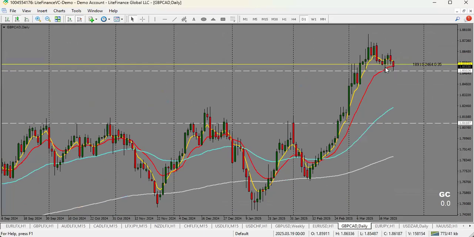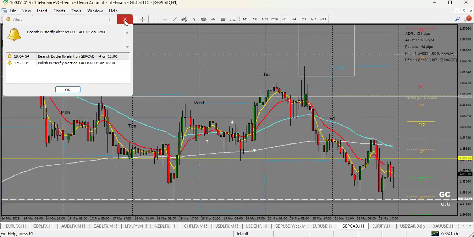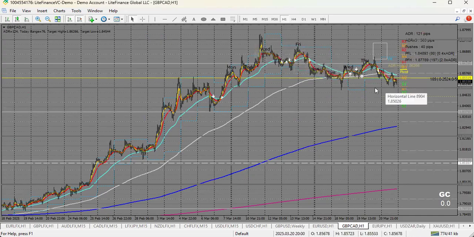So on the daily time frame, it has been consolidating and it has not broken this level where there is also the 13 EMA. When we go to the hour time frame, you see that price has been falling, and right now we are around the large quarter point.